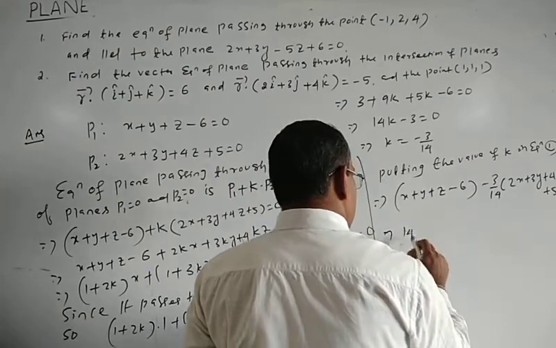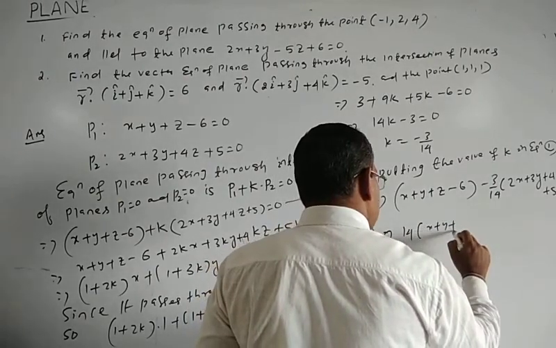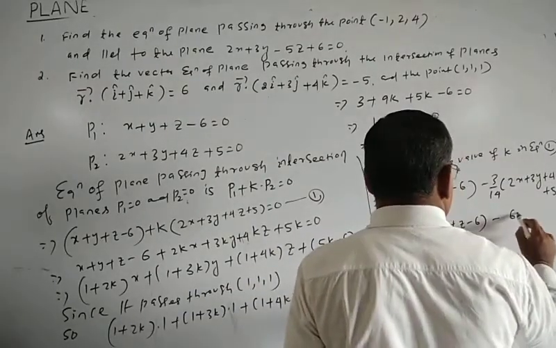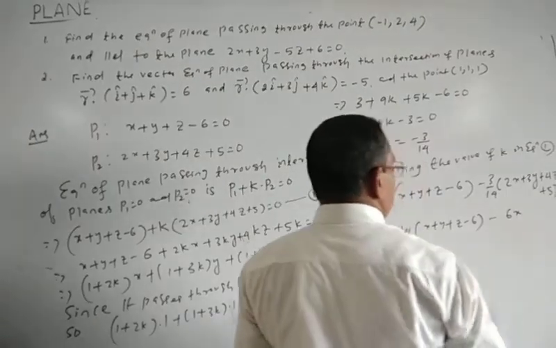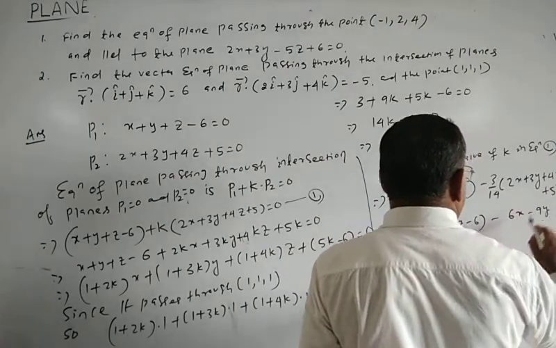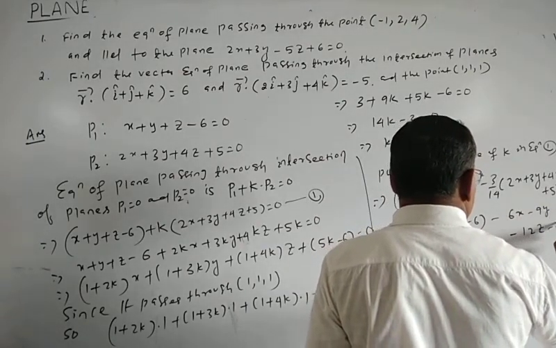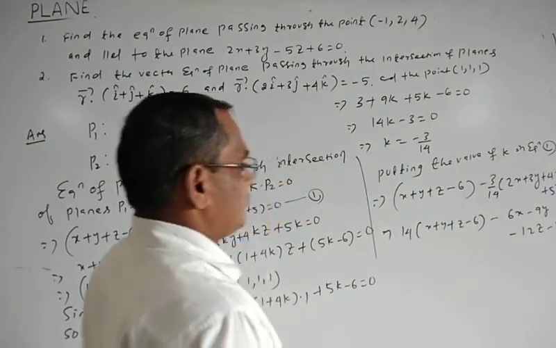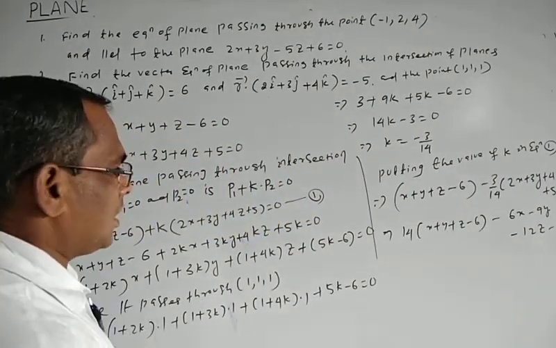That implies 14 into x plus y plus z minus 6, minus 6x minus 9y minus 12z minus 15 is equal to 0.